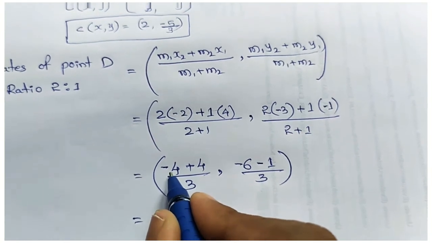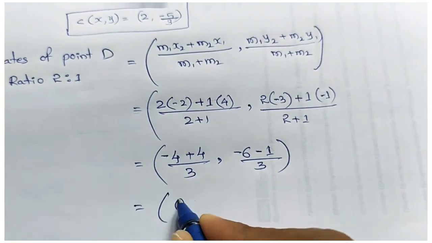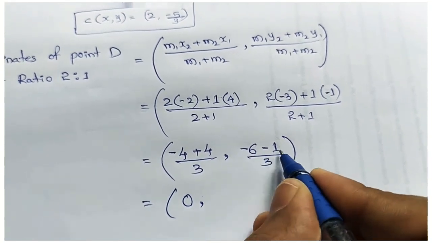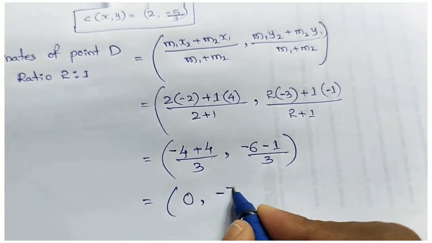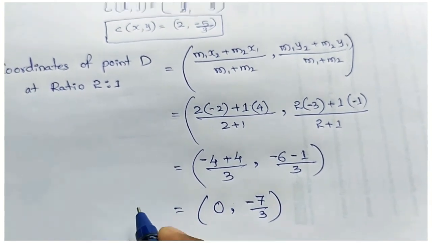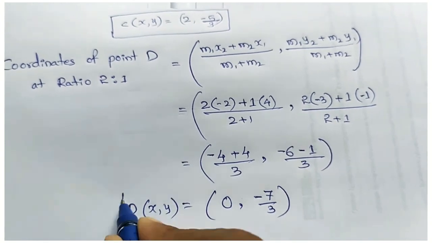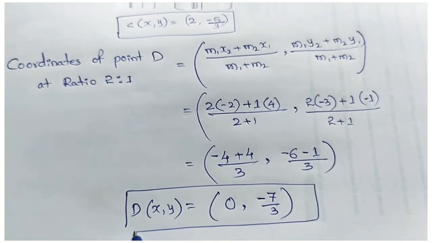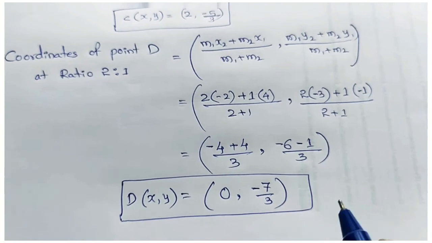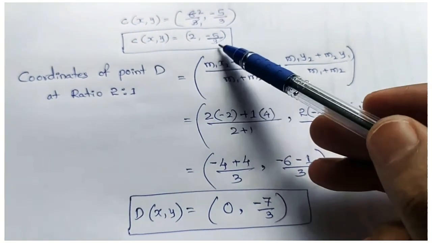So minus 4 plus 4 will be 0, 0 by 3 is 0 only. Here minus 6 minus 1 will be minus 7 by 3. So the coordinates of D of x, y give us 0 comma minus 7 by 3. So this is our final answer, this one and here C.